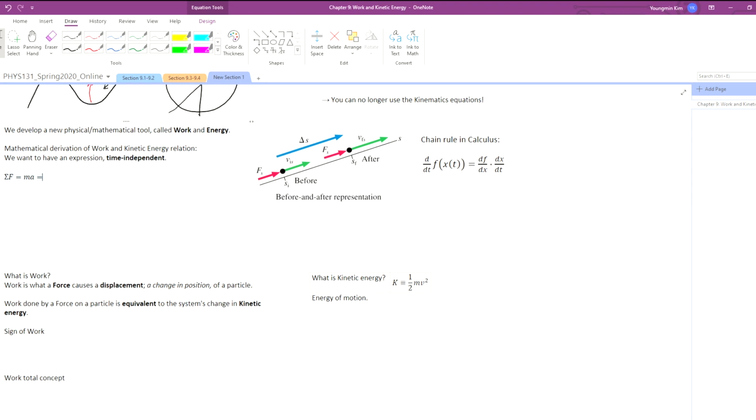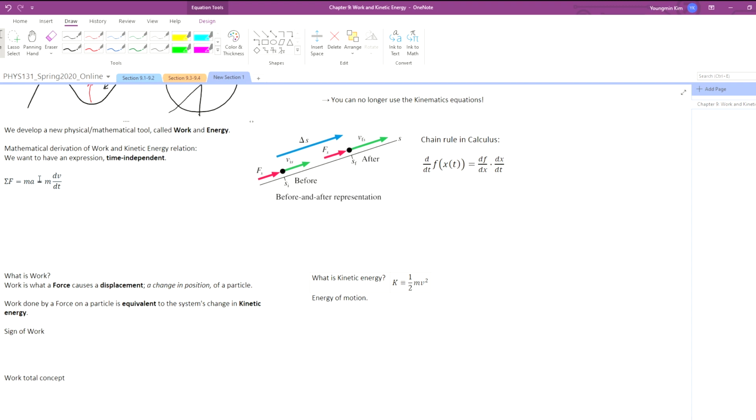And ma, acceleration, is the derivative of velocity in time. So I can write this: mass times the derivative of velocity in time. That's the acceleration, change of velocity in time. So this is nothing but stating the definition.